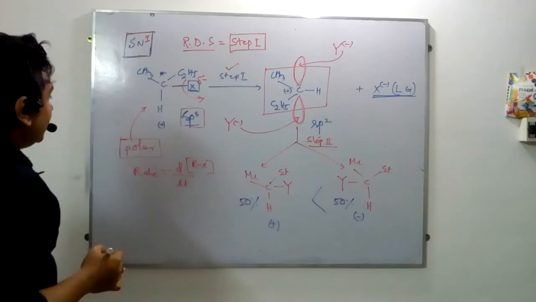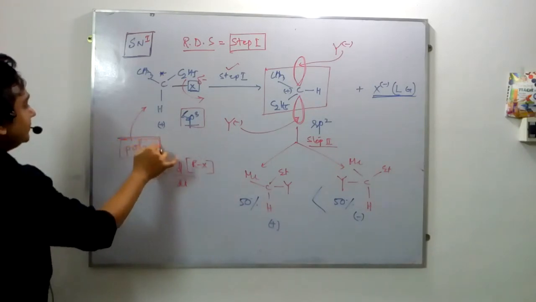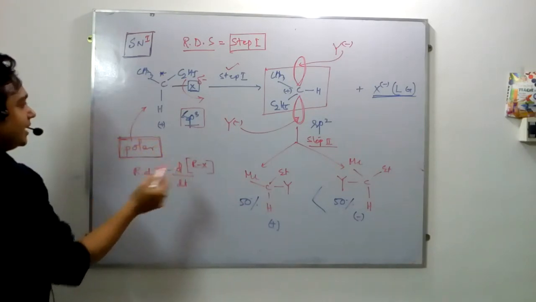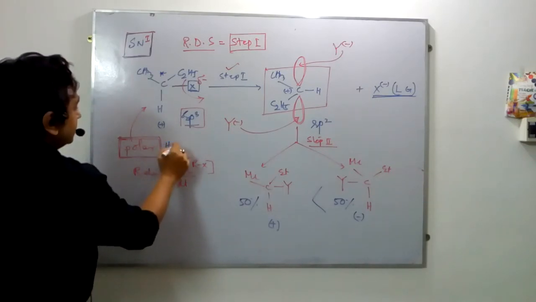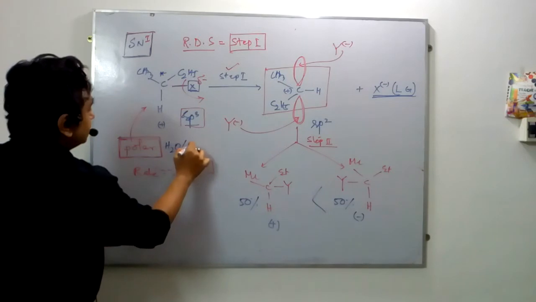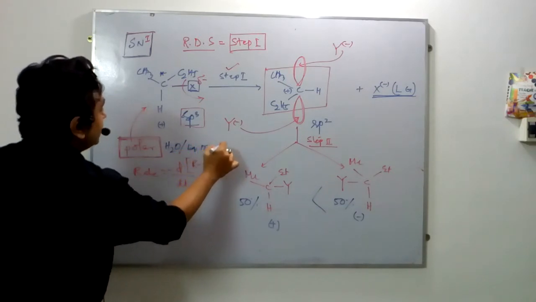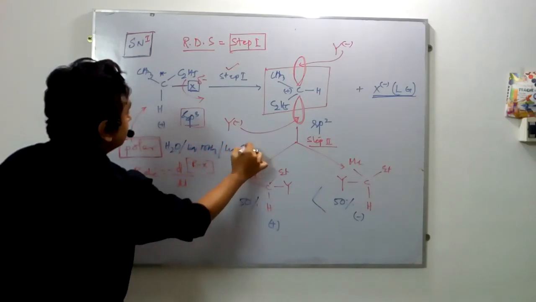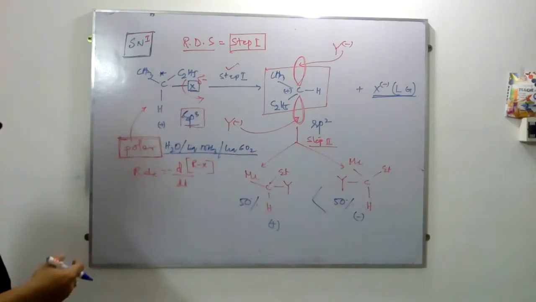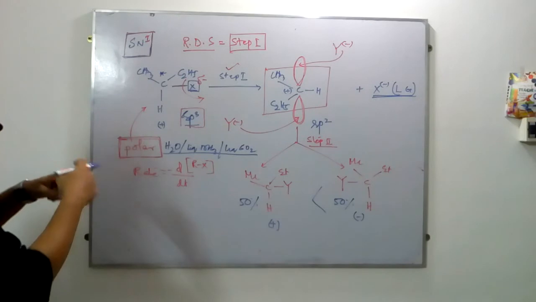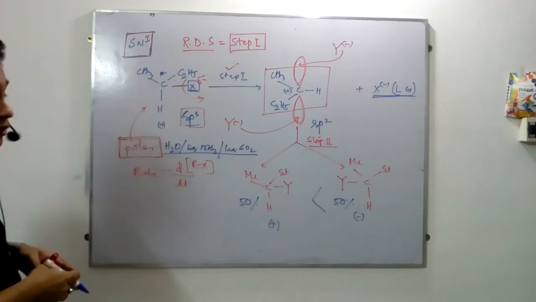Already I have told that in a polar medium the reaction will be more fruitful than in an apolar medium. Some examples of polar medium are water, liquid ammonia, liquid sulfur dioxide. So these are some examples of polar solvents. In the polar solvent the reaction will be more fruitful.